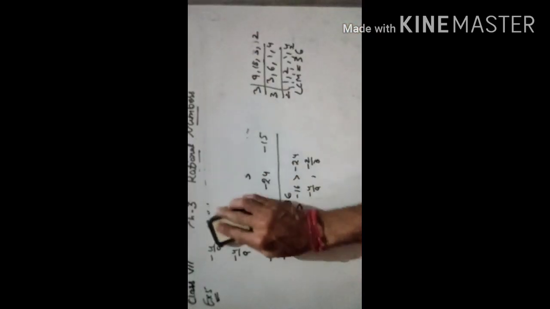Now the next topic is rational numbers between two rational numbers.